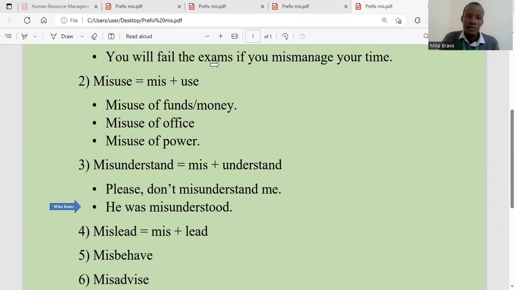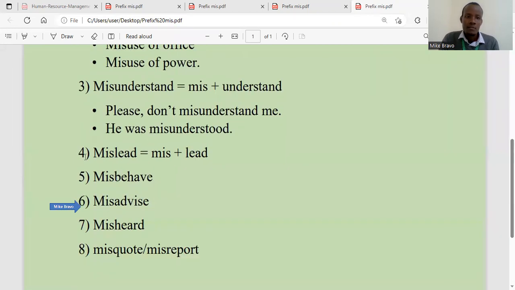We also have the word mislead. We have the prefix "miss" plus lead, the verb lead. To lead is to show someone direction or to give someone ideas.